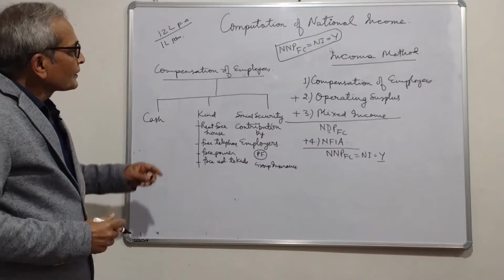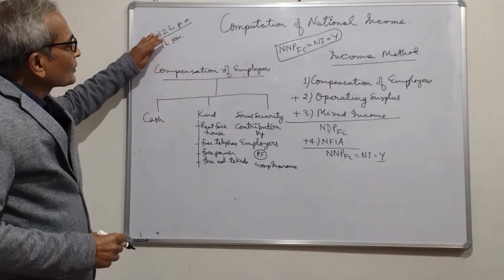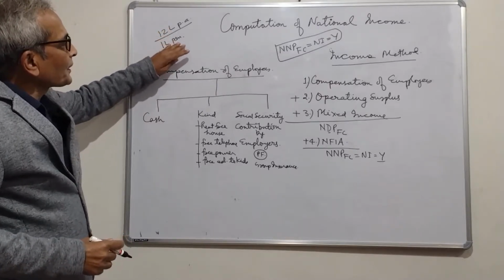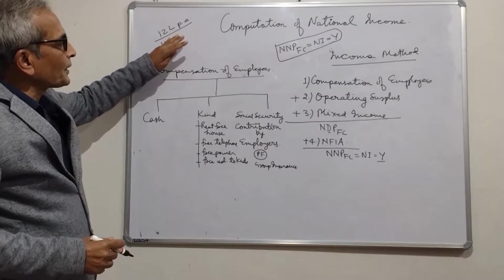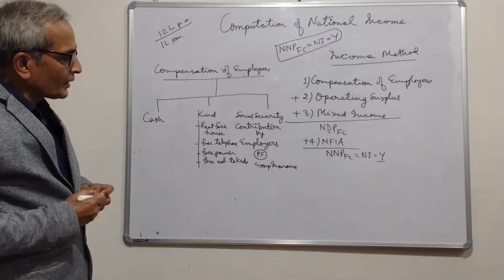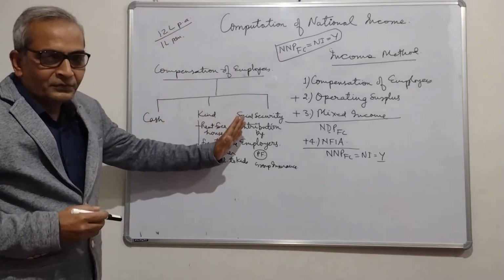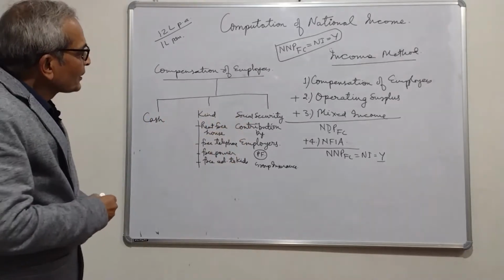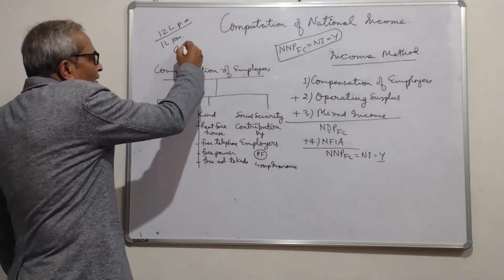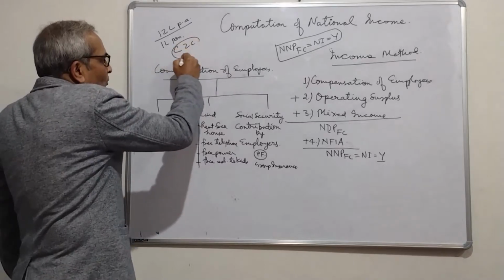When we say 1 lakh per month or 12 lakh per annum, what we are doing is counting each one of them. The companies call this CTC, cost to the company.